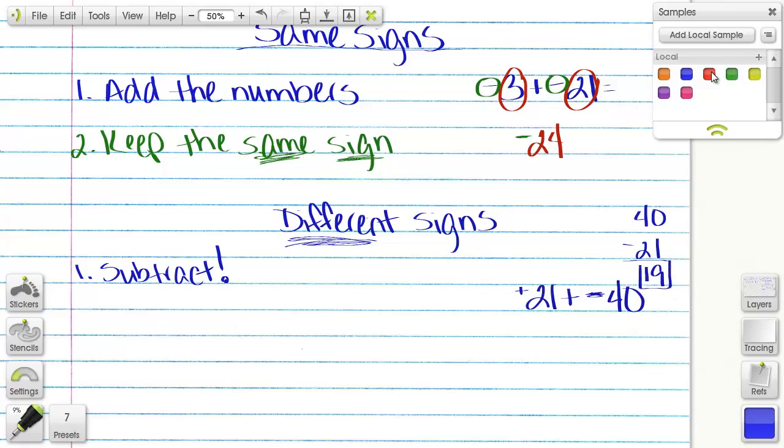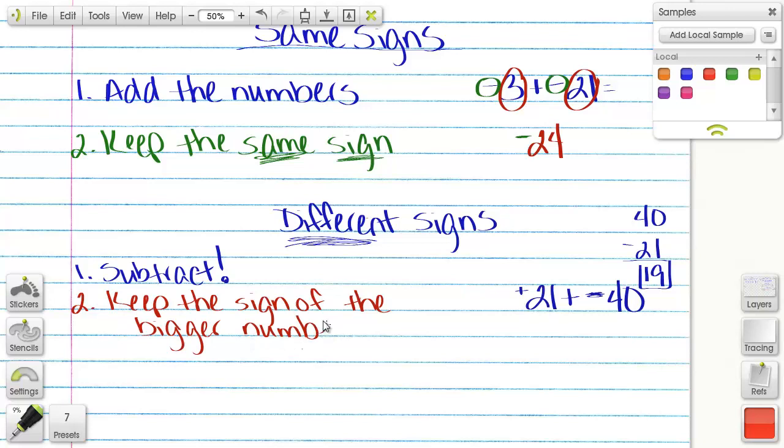Okay. Then what I do is I'm going to need to determine what's the biggest number, because I want to keep the sign of the bigger number. Keep the sign of the bigger number.